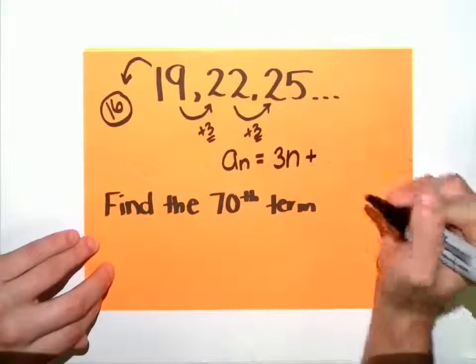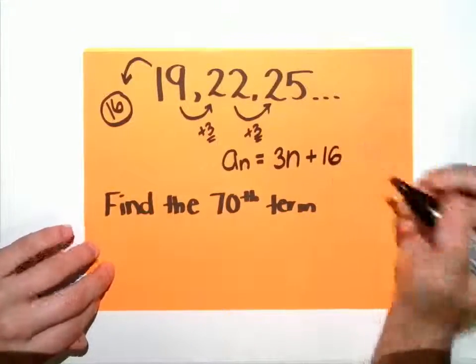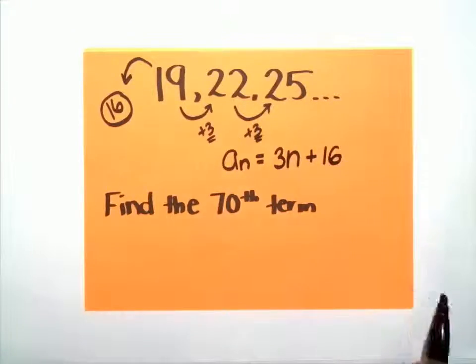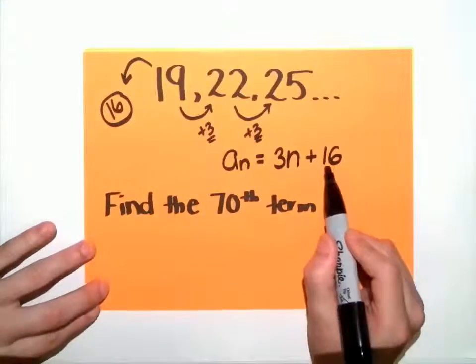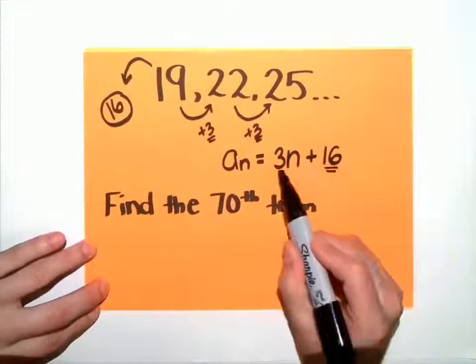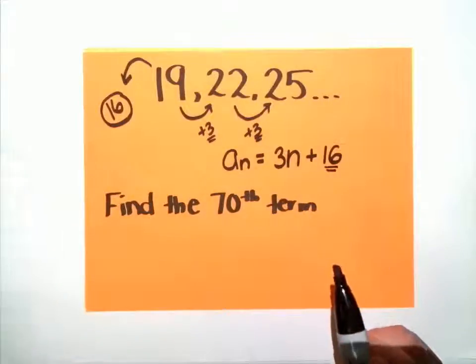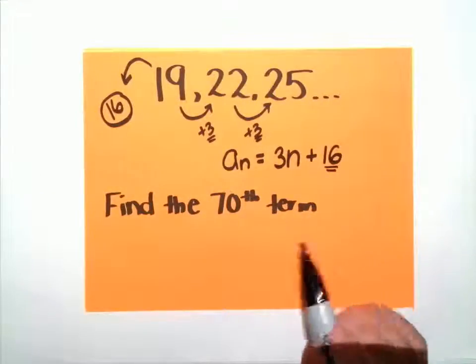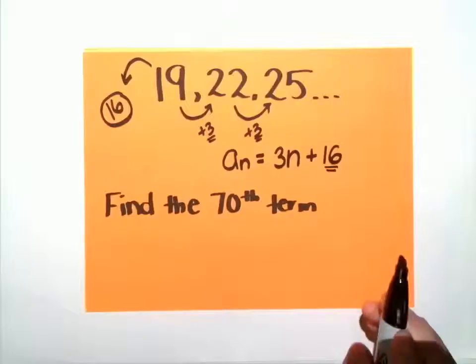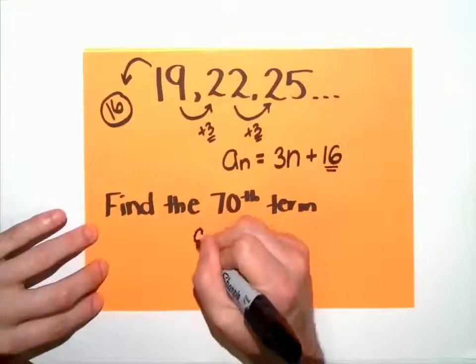And we're going to start from the zero term, which was 16. So as I'm looking at this rule, what it's telling me is, starting from 16, I'm going to add 3 some amount of times.